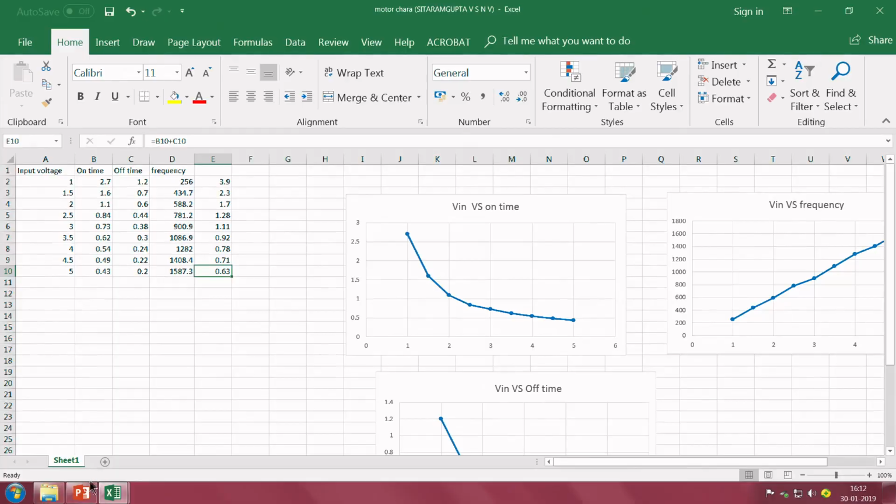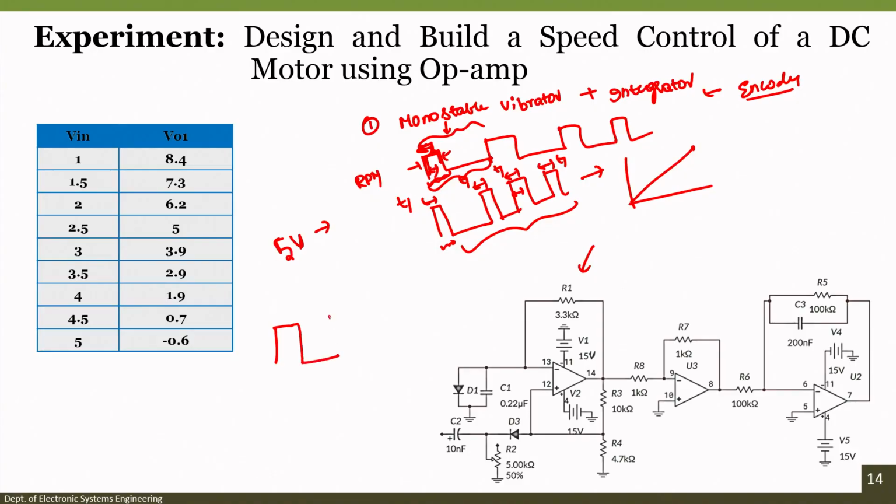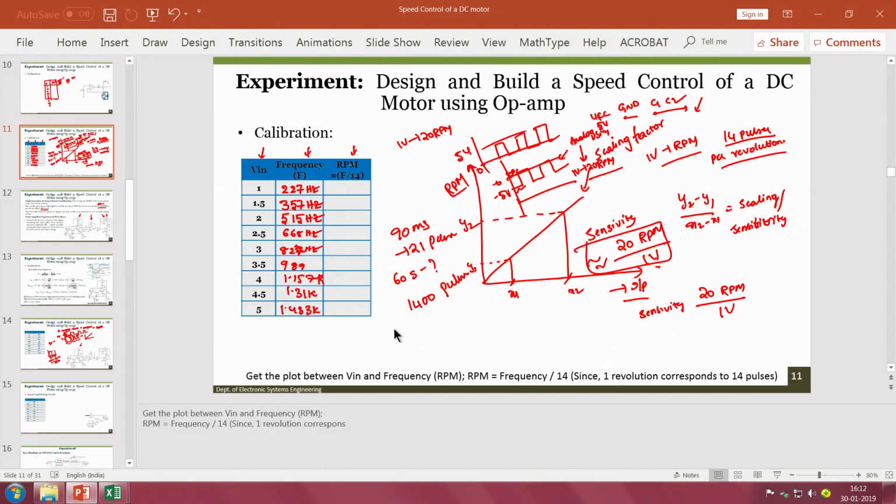What I mean is that when we look into the encoder output signal at 5 volts, because only at 5 volts we get the lowest time values, this particular time is 430 microseconds and this particular value is 200 microseconds. So, the total time of a single pulse is 630 microseconds, which corresponds to 1587 hertz. What we also got is approximately 1.48.